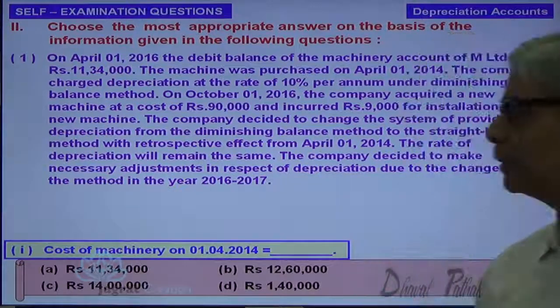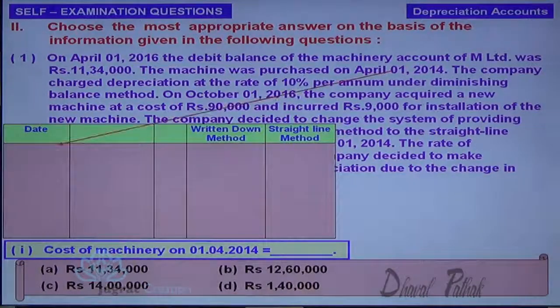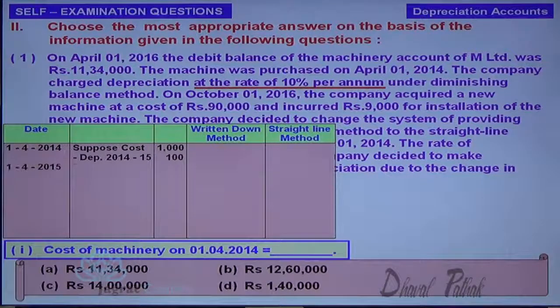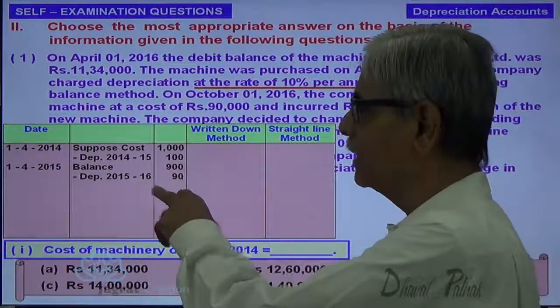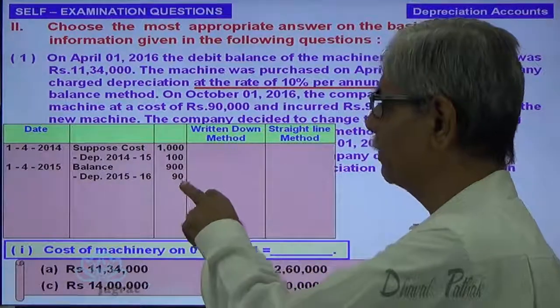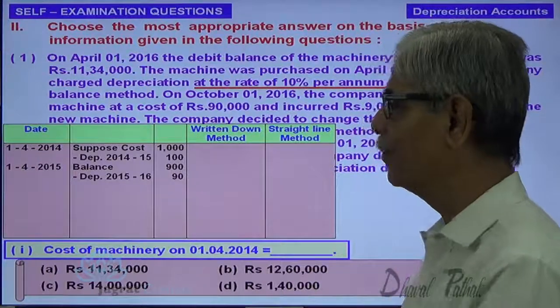Now let us calculate. Suppose the machine was purchased on 1/4/2014 at a cost of 100. Depreciation for 14-15 at the rate of 10% will be 10. Similarly, depreciation for 15-16 at the rate of 10% by diminishing balance method will be 9.